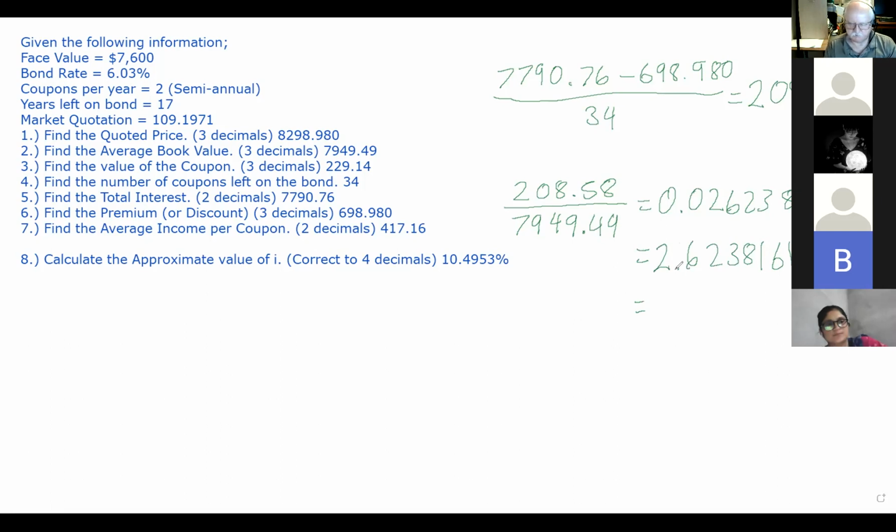And we want 4 decimals, so 5.2476, which is the answer that Moodle is looking for. So does that make sense? Especially when you refer back to the sheet of instructions to make sure that you follow those instructions.